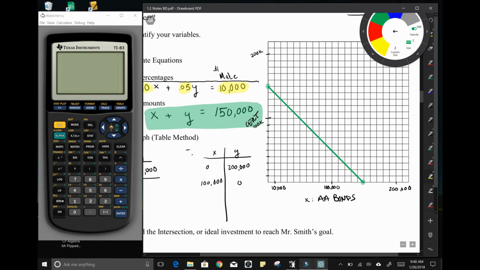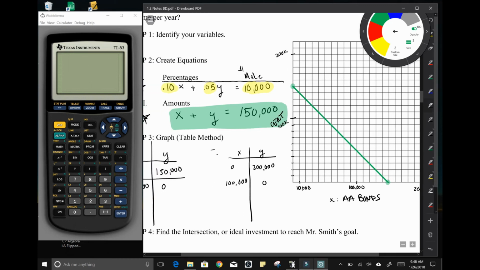Now the first graph, so to speak: 0, 200, and then 100,000. And if we connect both of those, you'll see it'll cross through about there.